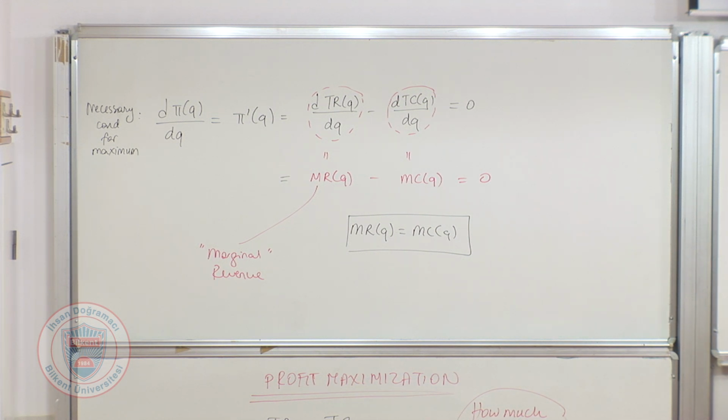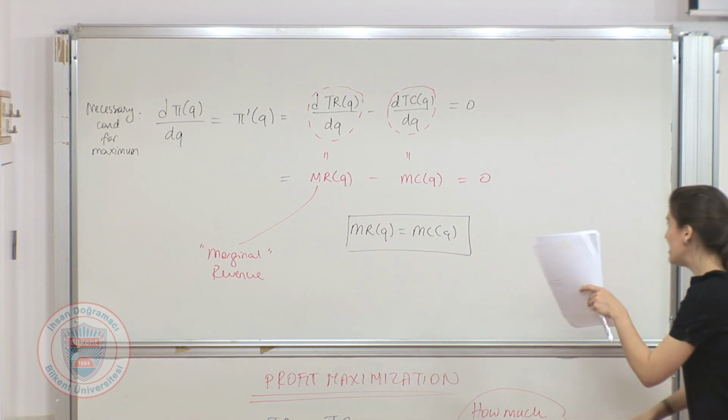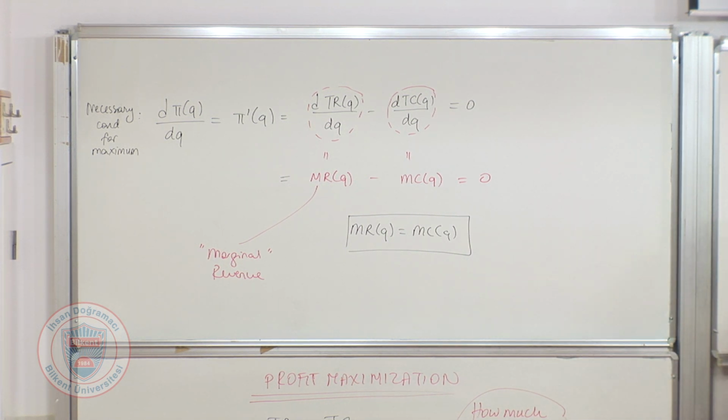Now, but you said, Hocam, this is not enough. I don't want to erase this, but unfortunately, my beautiful masterpiece. You said that's not enough because this point could be the minimum point.